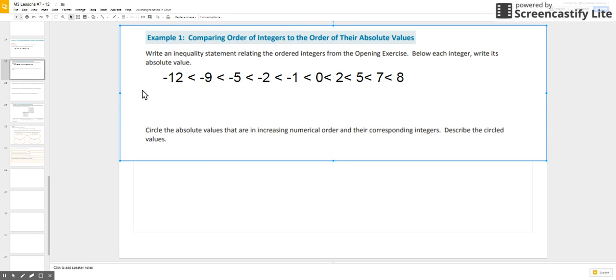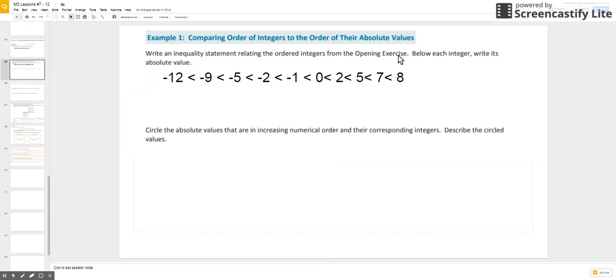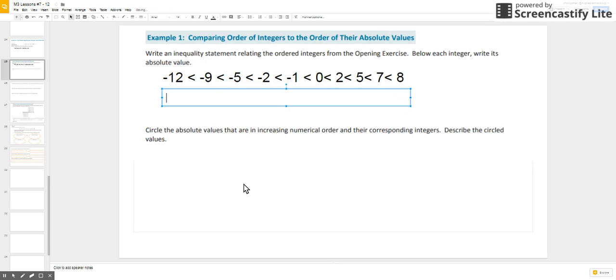The next step says below each of them, write down their absolute value. Let's take a moment and write their absolute values. With all of these, the absolute value is just the number in positive form, with the exception of 0. So the absolute value of -12 is 12. The absolute value of -9 is 9.